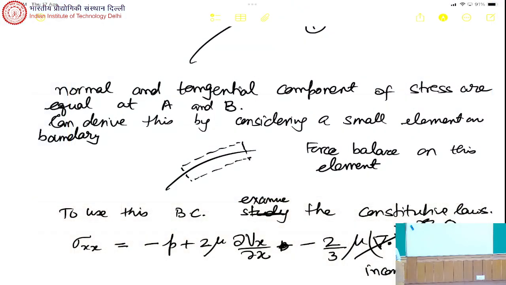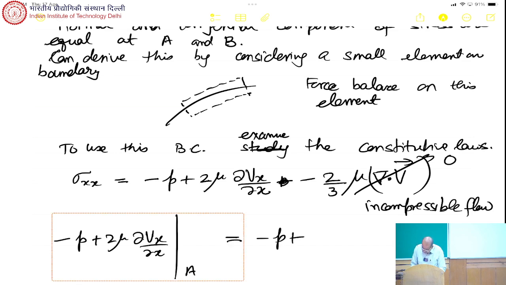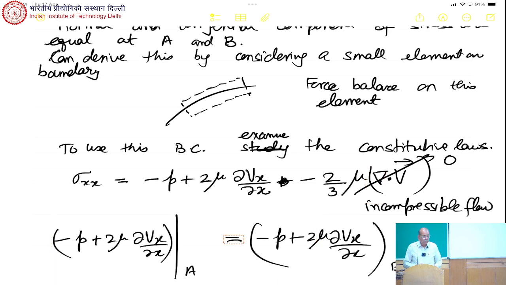So when you use this, minus P plus 2 mu partial Vx by partial x calculated on side A is equal to minus P plus 2 mu partial Vx by partial x on side B. When we equate the stresses, this is what we will get.